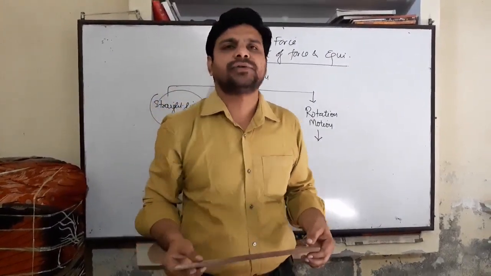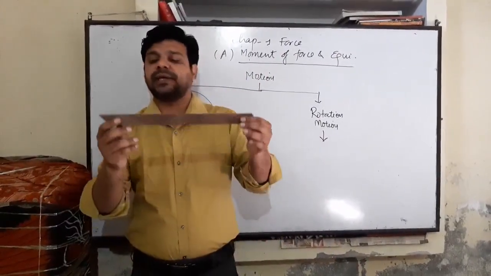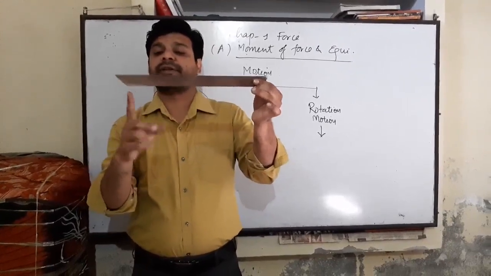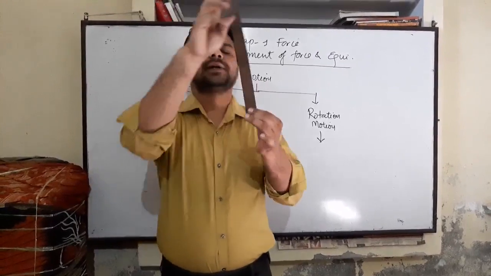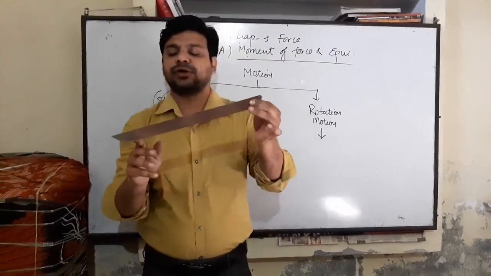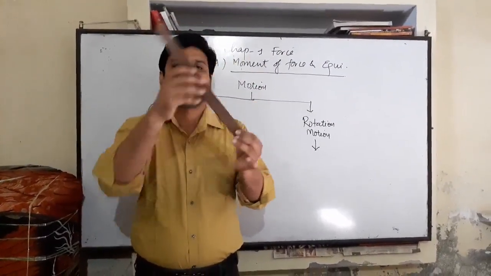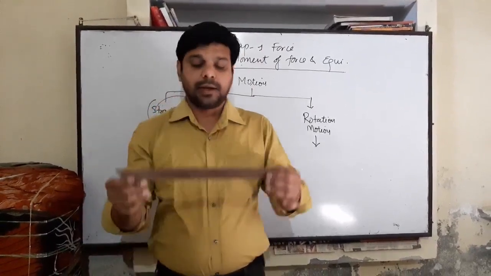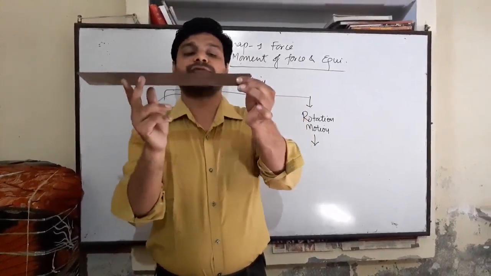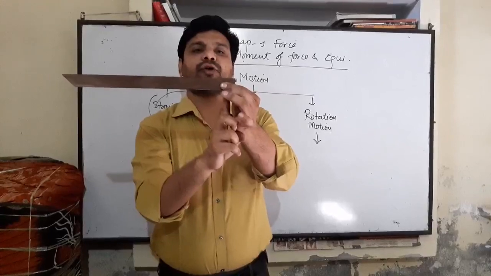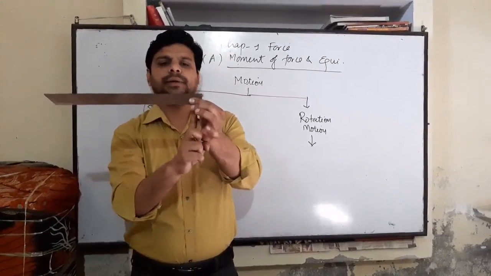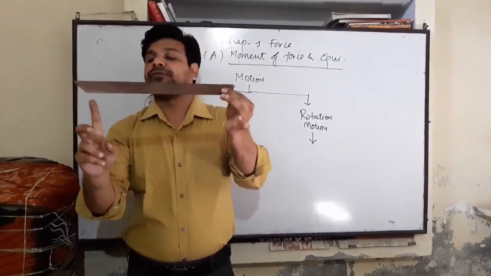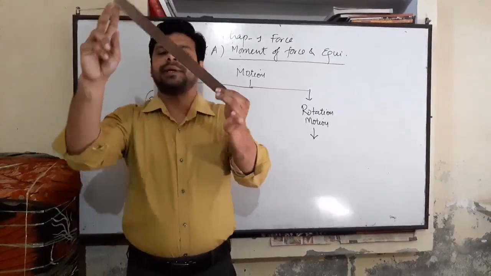Then what is the cause of motion? You can say that I have applied the force on this point, so due to this force, object rotates. But if we apply this force at this point, what will happen? The body does not rotate. If we apply force at this point, body rotates.